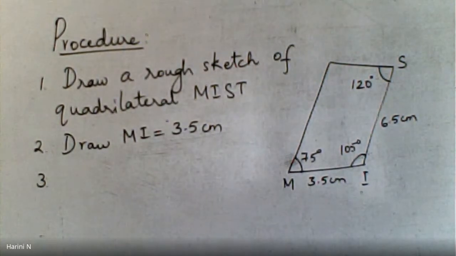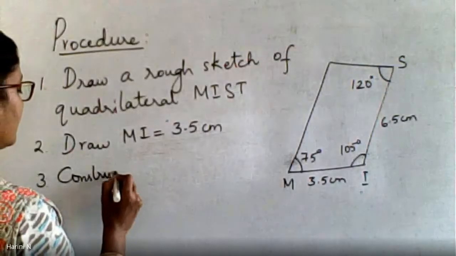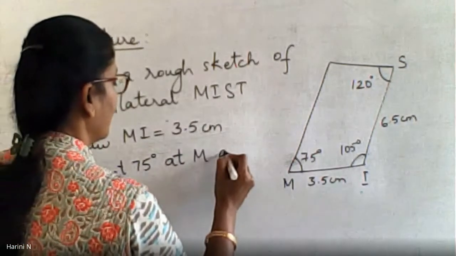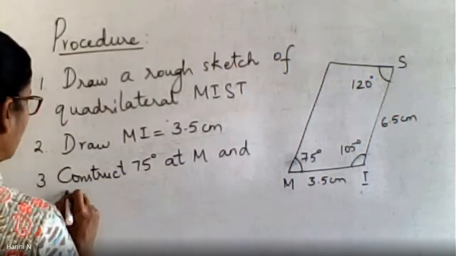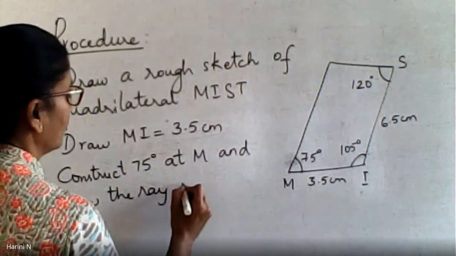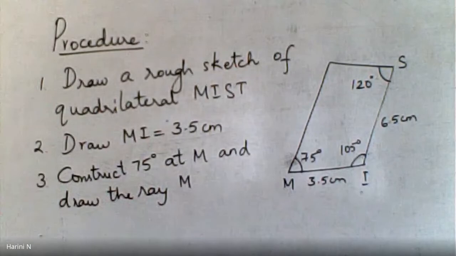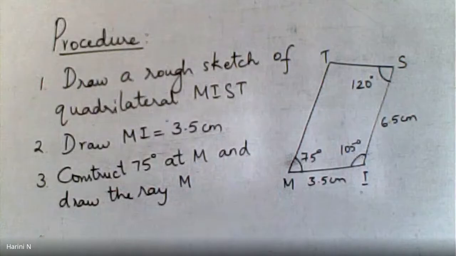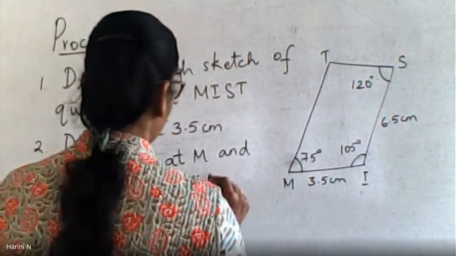Third step. Ma'am, construct 75 degrees at M and draw the ray. What was the ray called? Ma'am, ray MX. Draw the ray MX.